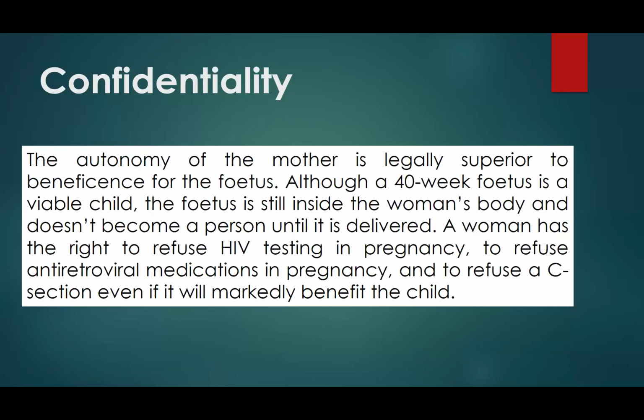Although a 40-week fetus is a viable child, the fetus is still inside the woman's body and doesn't become a person until it is delivered. A woman has the right to refuse HIV testing in pregnancy and to refuse antiretroviral medications in pregnancy and to refuse a cesarean section even if it will markedly benefit her child.